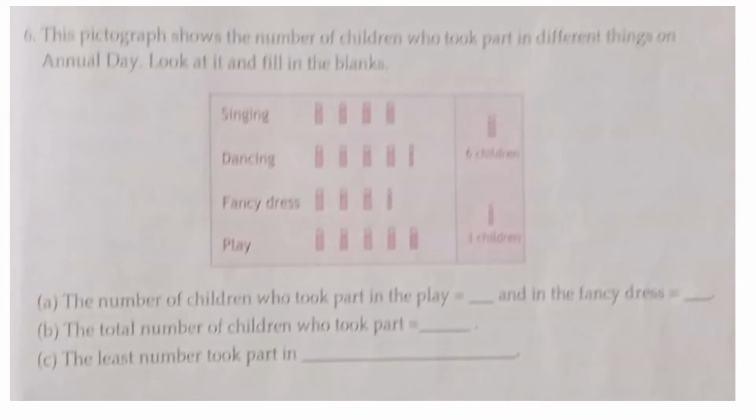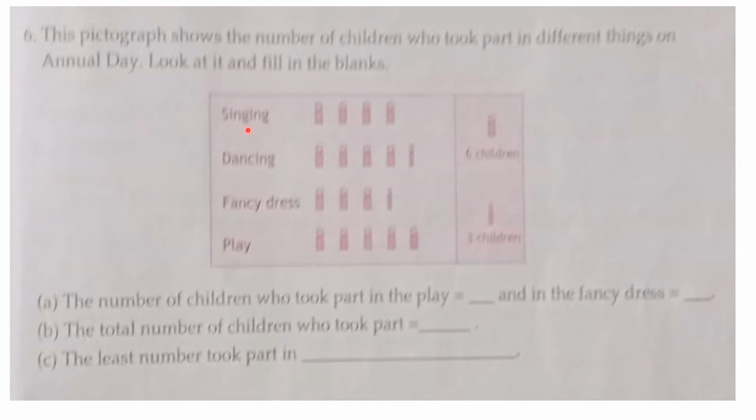Now children, see this pictograph first and then read this question. Question number 6. This pictograph shows the number of children who took part in different things on annual day. Look at it and fill in the blanks.